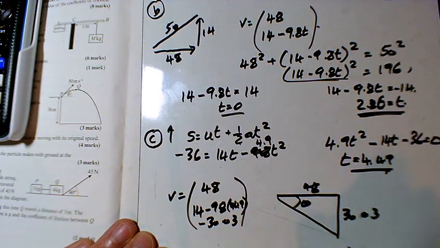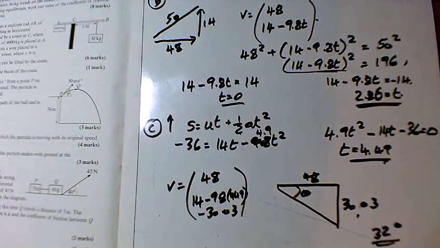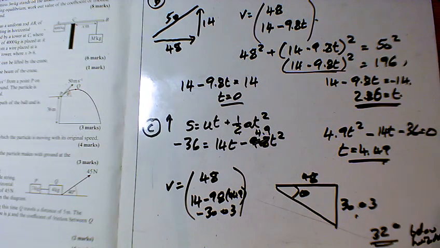What's the angle there? So I'll just do an inverse tan of that over that, and I've got 32 degrees for that. I suppose I'd add below horizontal, saying it's 32.03 I've got.